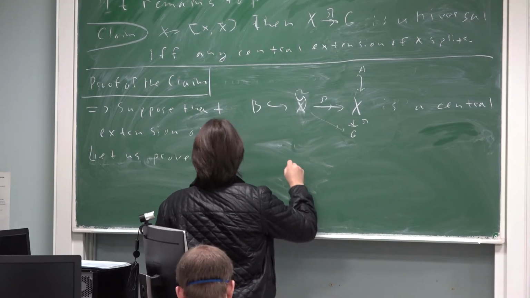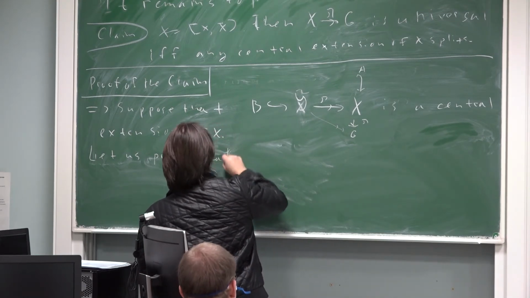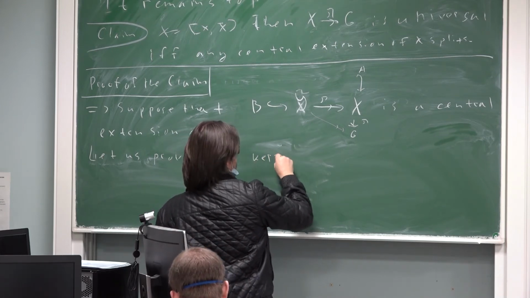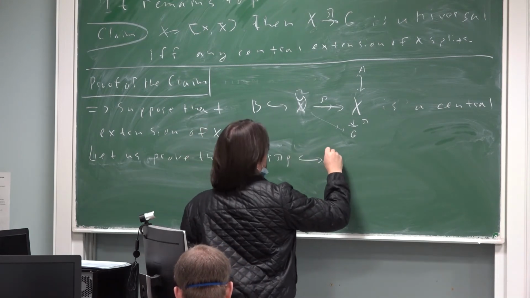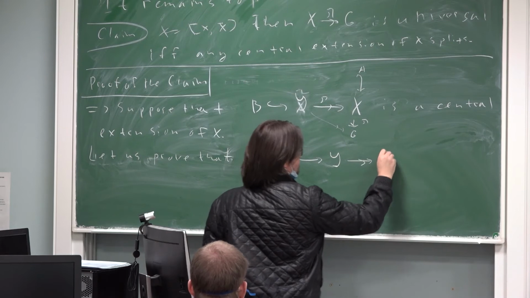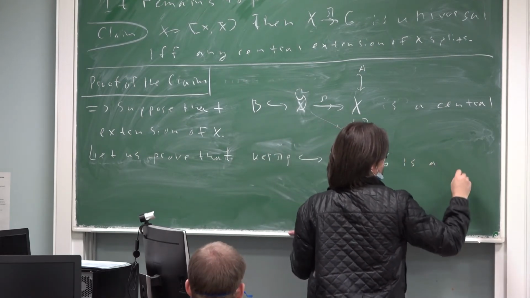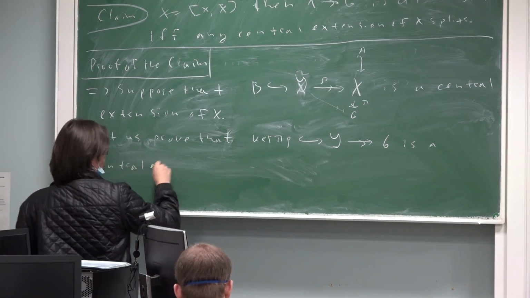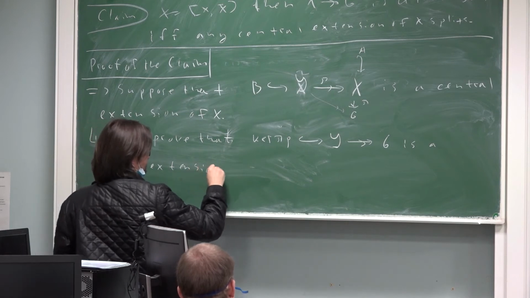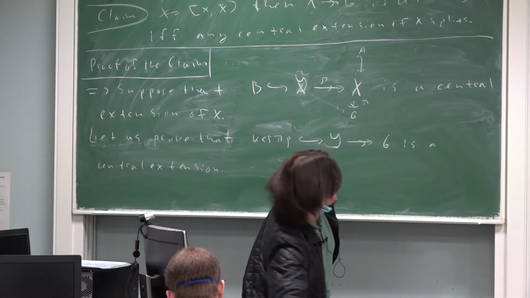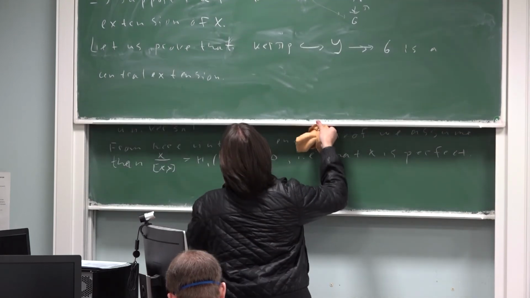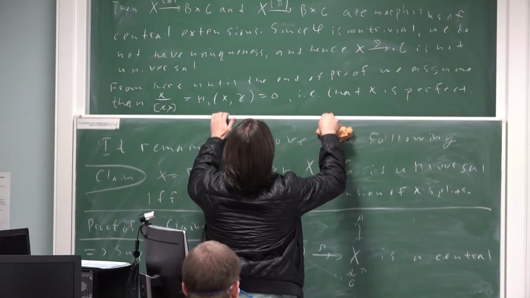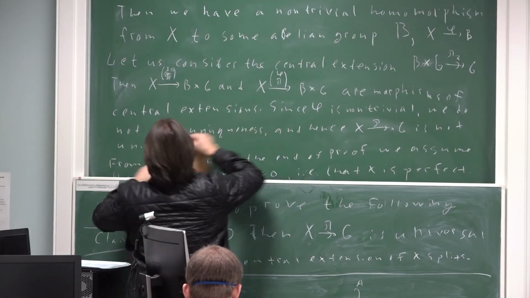So let's prove that the kernel of πρ from Y to G is a central extension. So we have to prove that the kernel of πρ is in the center of Y.